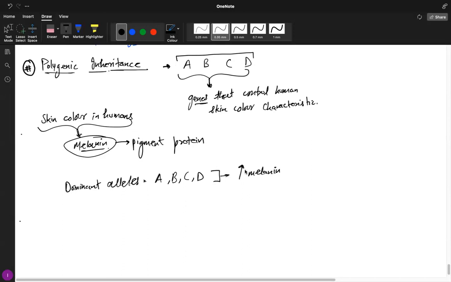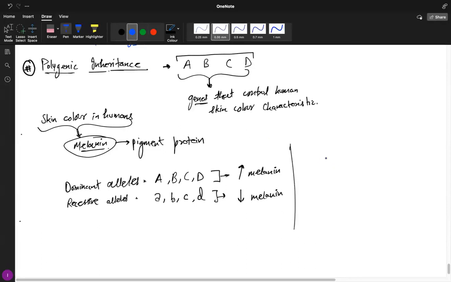When they are present, they express more melanin. Recessive characters will not start forming white or a different color pigment. It is just the lesser amount of pigment that gives us a fair color. So the recessive alleles, small a, small b, small c, and small d, all decrease melanin formation. Is that clear?